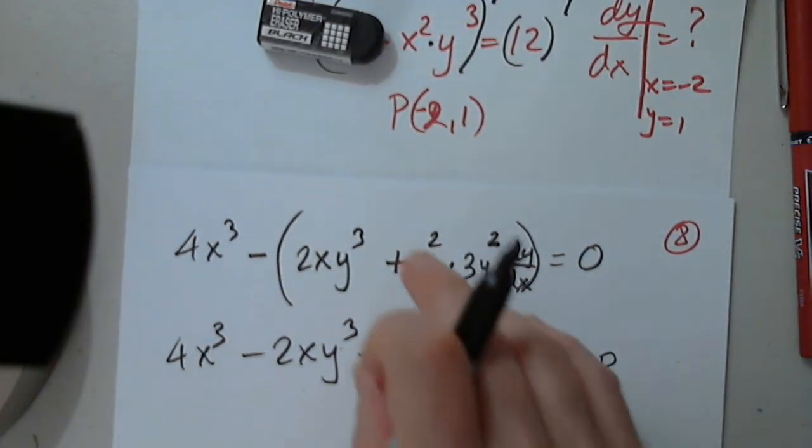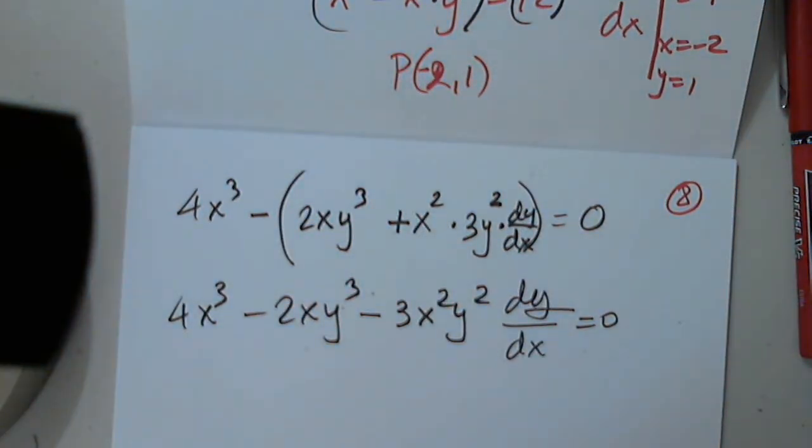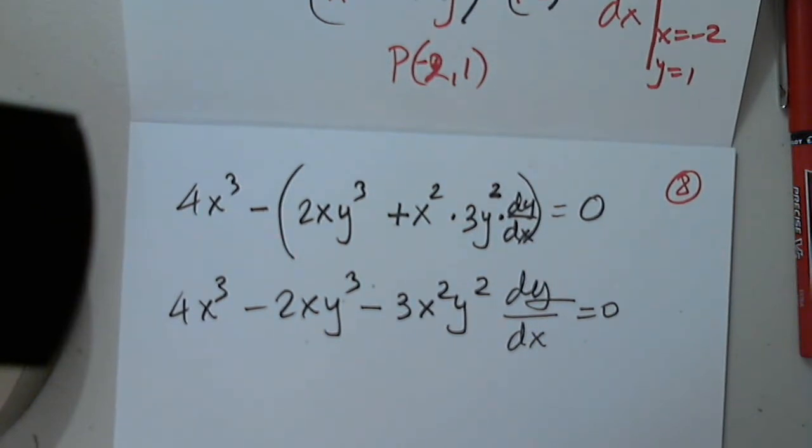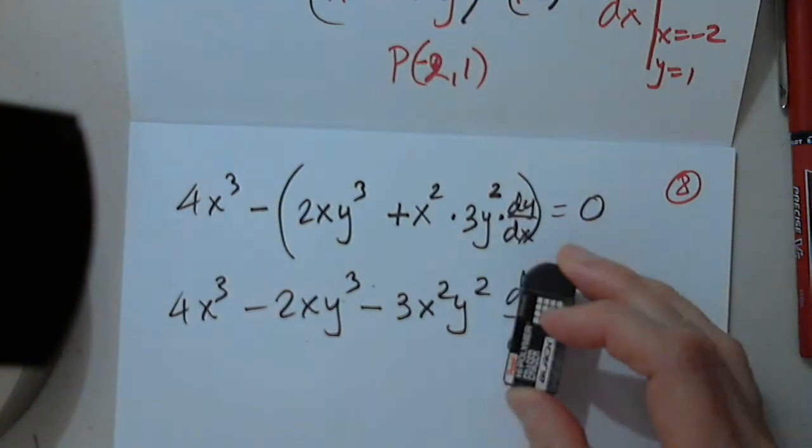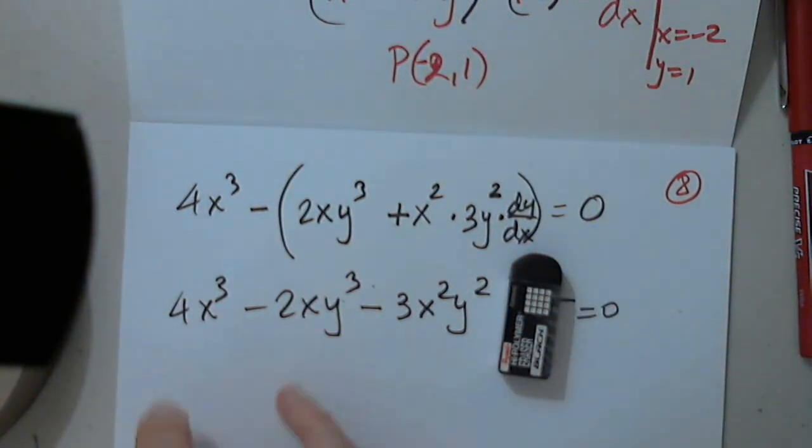How many terms have the variable we are interested in? Anyone? How many terms? Only one? Exactly. Which means that these two have to go to the other side.